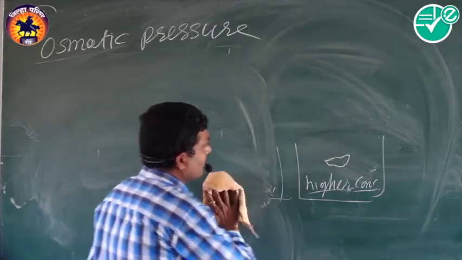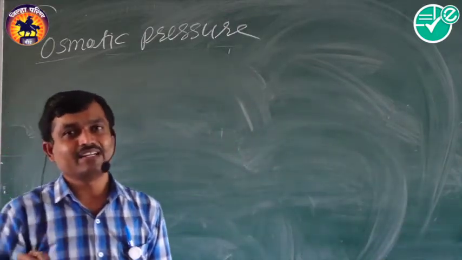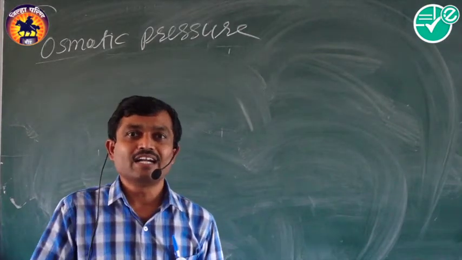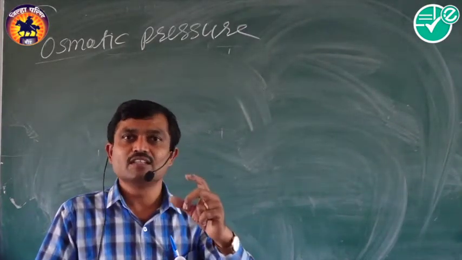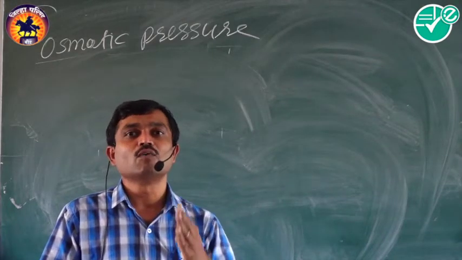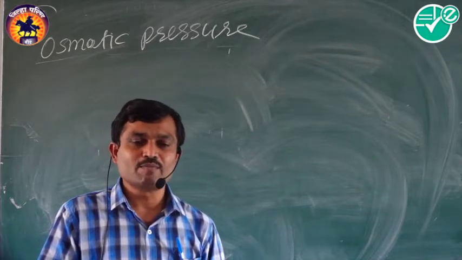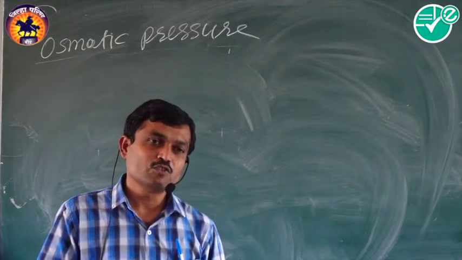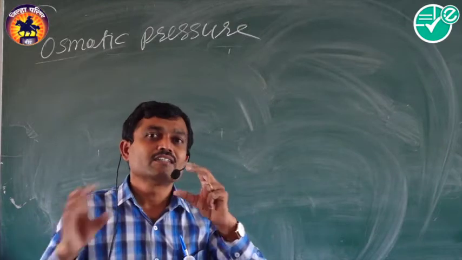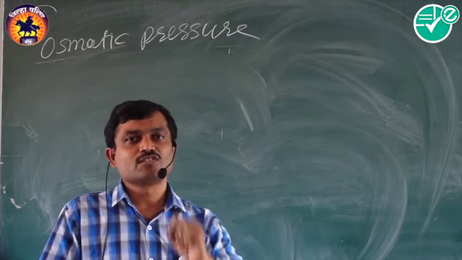In this way, look at the example of an egg being boiled. If the egg is in a lower concentration, the flow of water through the semipermeable membrane of the egg takes place, and that breaks the membrane of the egg.